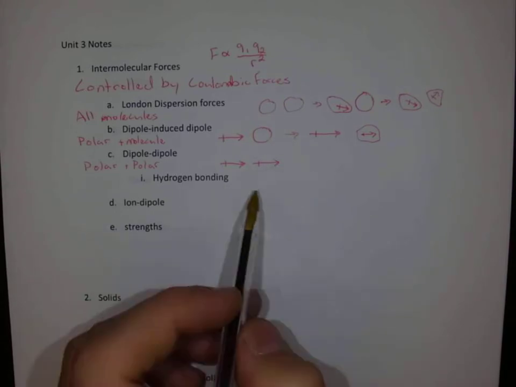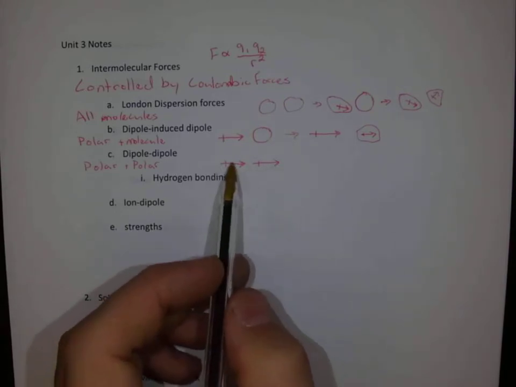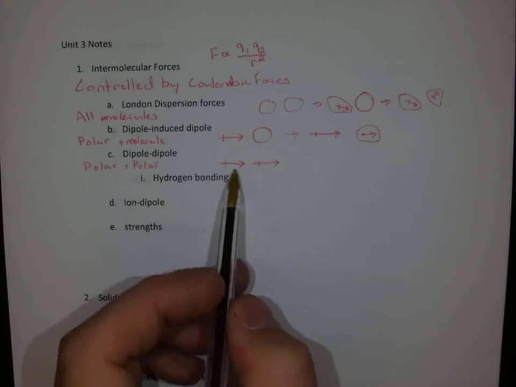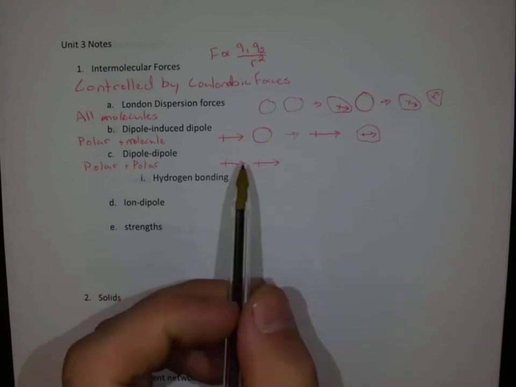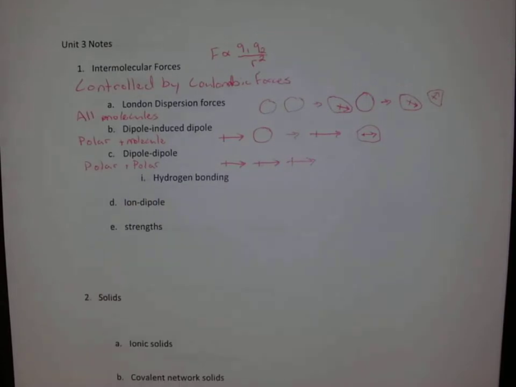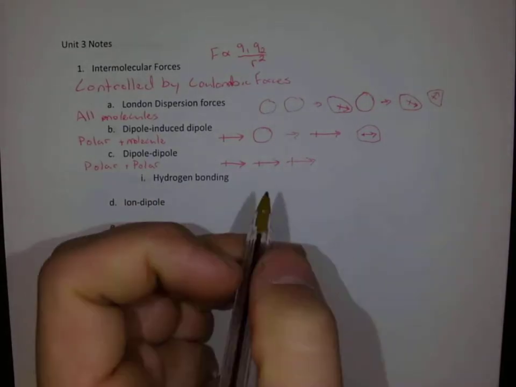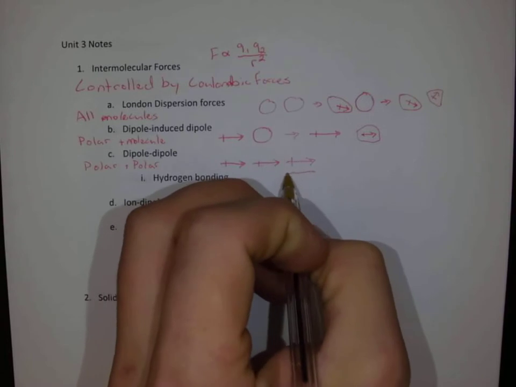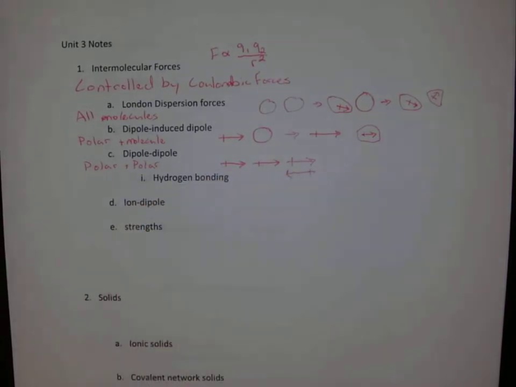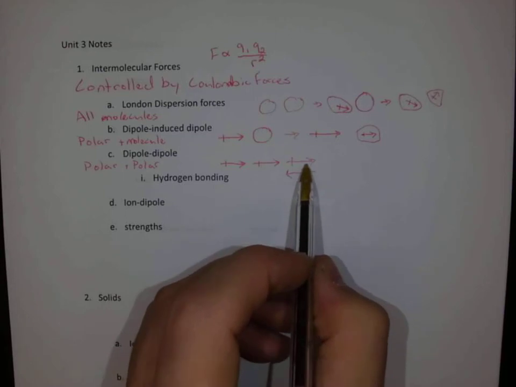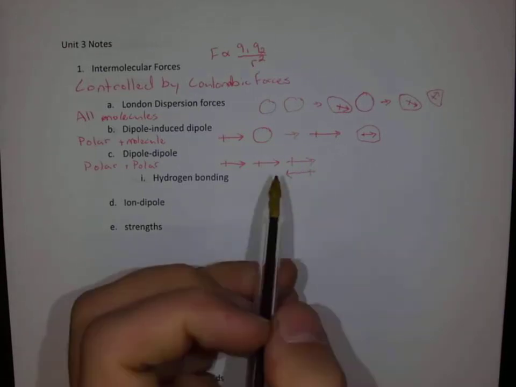So what will end up happening is the positive end of one molecule will line up with the negative end of the other. So we'll get all of our molecules kind of lined up in the same direction. And if I had another molecule below, now my dipole is kind of going to point the opposite way, where the positive end of this one is interacting with the negative end of the other, okay?